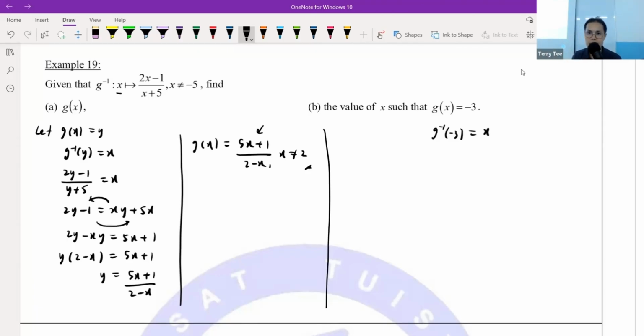Your g inverse negative 3 means I put negative 3 inside here. You will get 2 times negative 3 minus 1 divided by negative 3 plus 5. The result is x. So this is negative 6 minus 1, negative 7. Negative 7 divided by 2. x is minus 7 over 2.